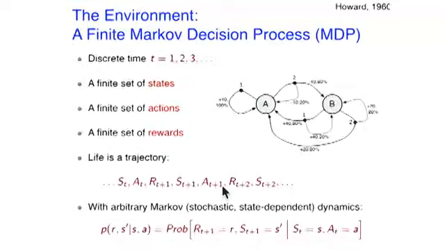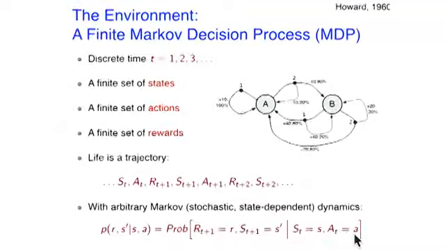Okay? Capital S of t means whatever state happened at time t. Whereas I'll use lowercase letters for the instances. So I can talk in general about the probability that this random reward has that value and the next state has that value, given that the initial state has this value and the initial action has that action.